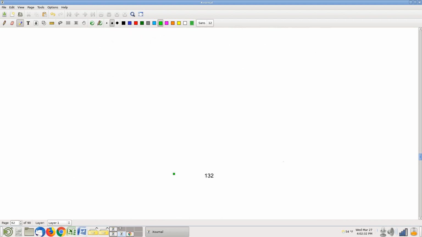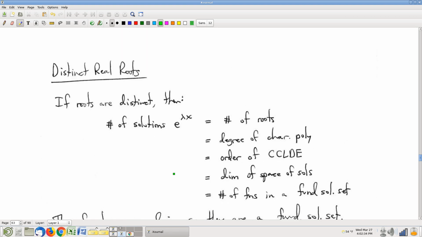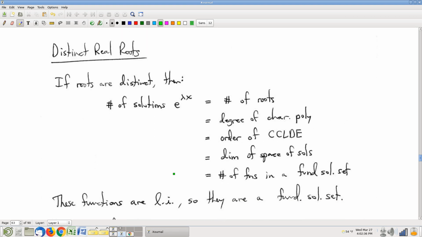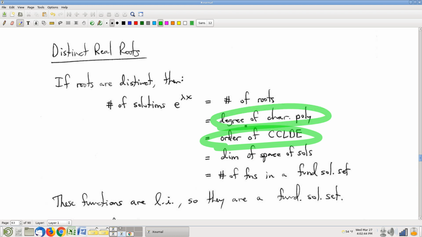So there's that. Okay. All right, so here's another thing I want to talk about, going back to this page here. There were some happy coincidences that we found in Chapter 4. When you're looking at a constant coefficient linear equation that has a certain order, the characteristic polynomial has the same degree and the same number of roots, which gives you the same number of solutions. All these numbers are always the same.